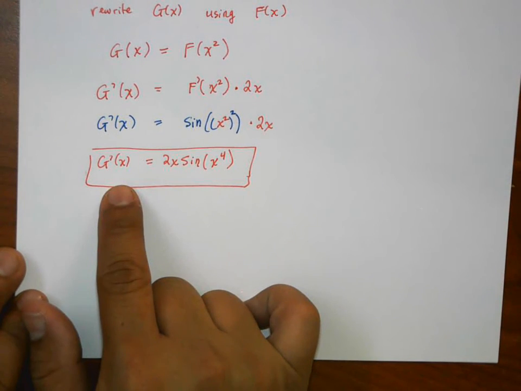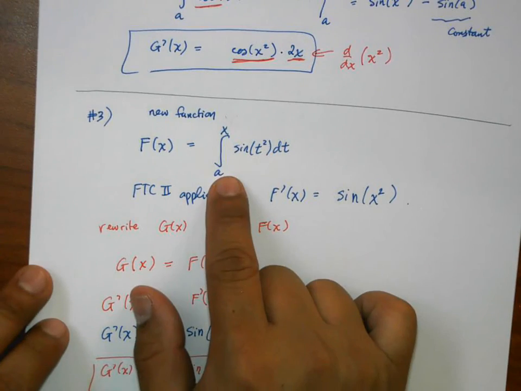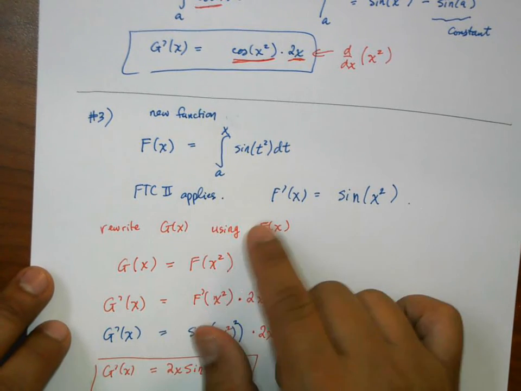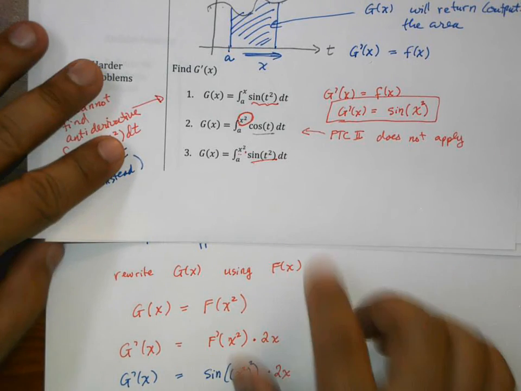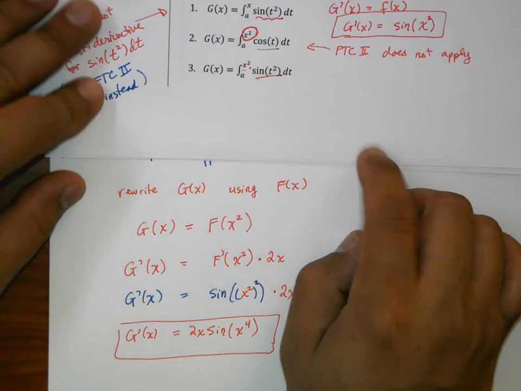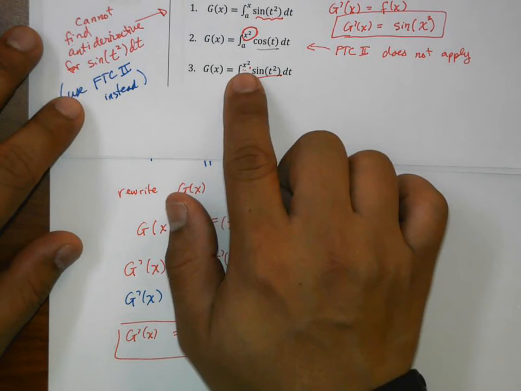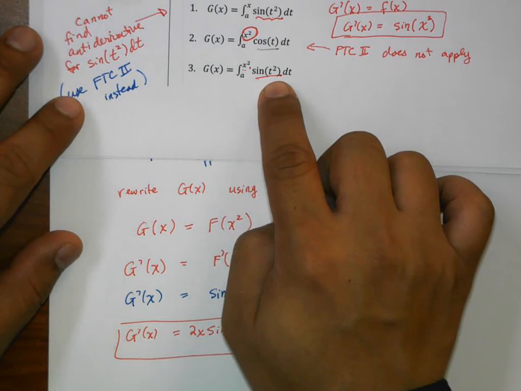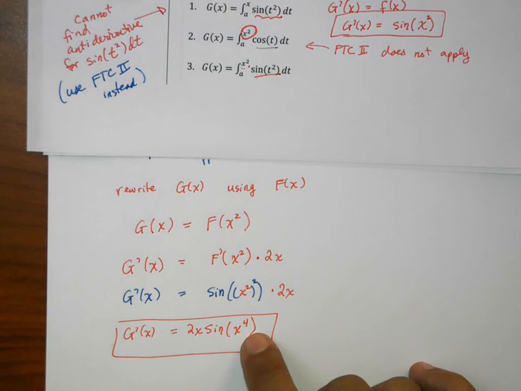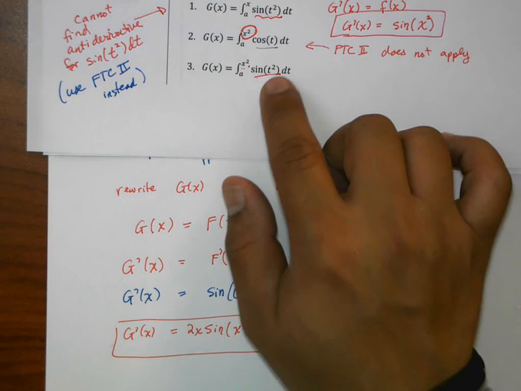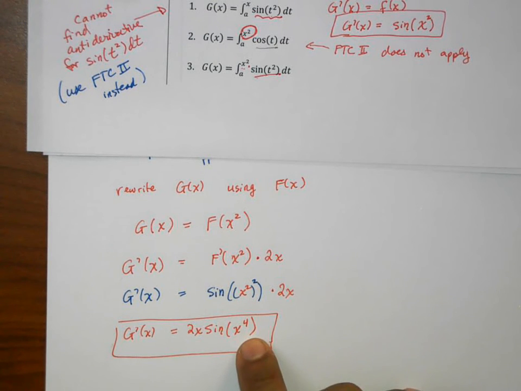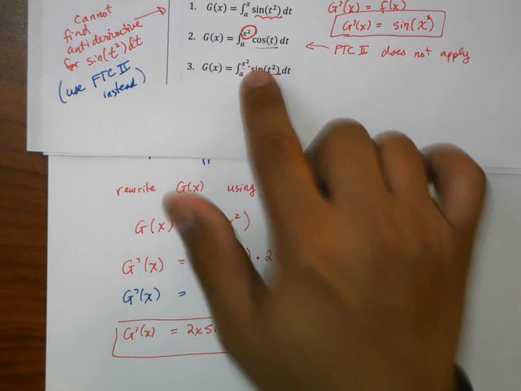So for number 3, all we really needed to do is take this x squared, plug it in for t, which would give you x to the 4th because you have t squared here, and then multiply it by the derivative of the upper bound.